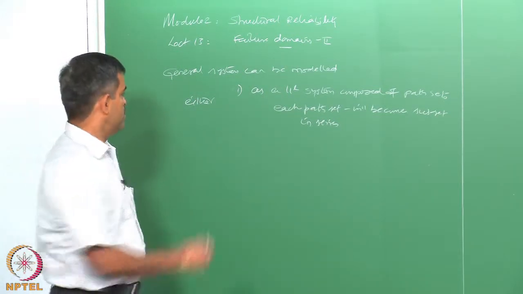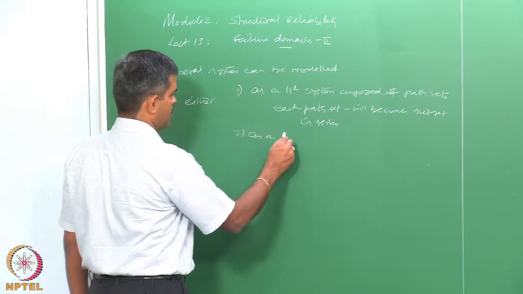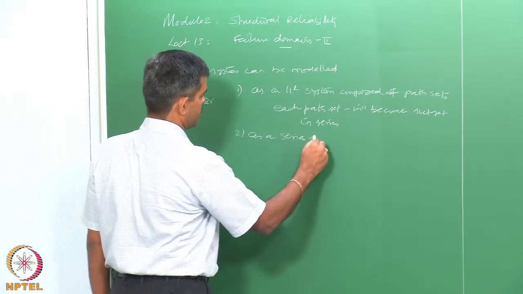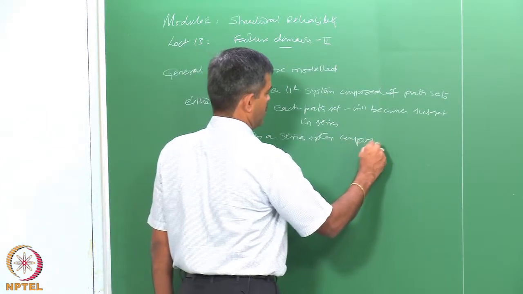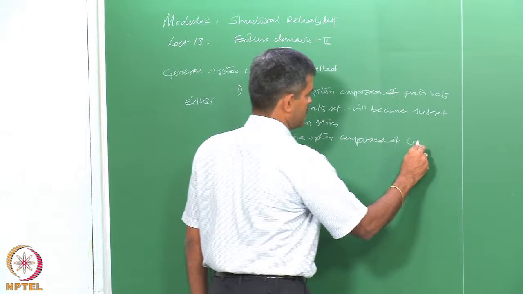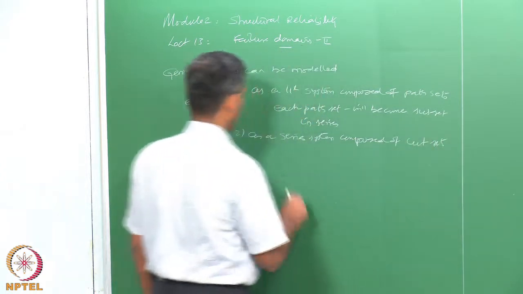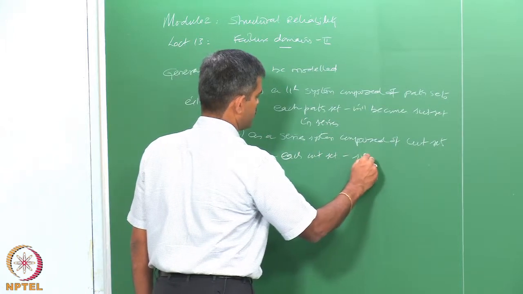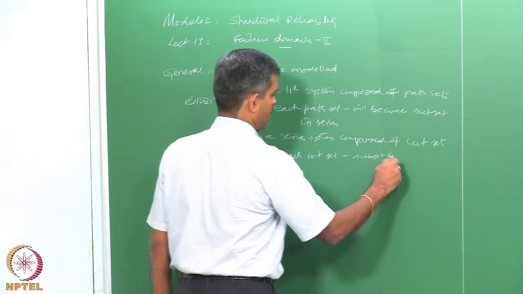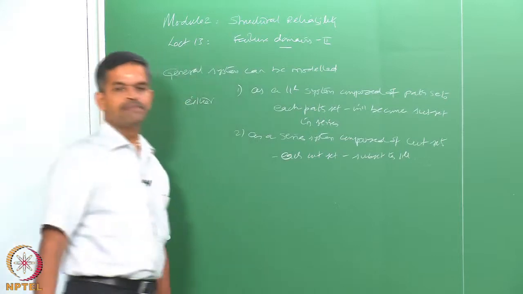Now, as a system in series, composed of cut sets, each cut set will of course become a subset in parallel. Okay.